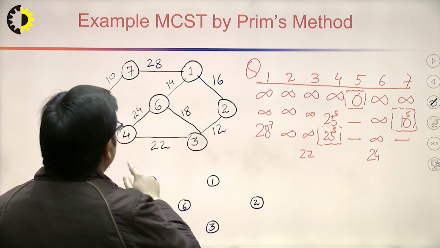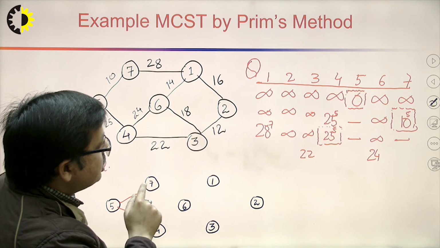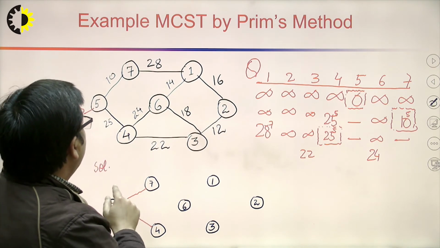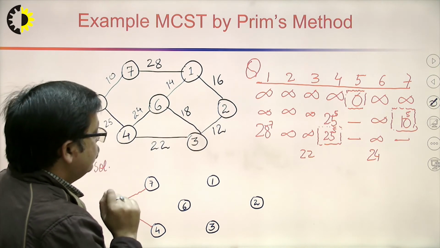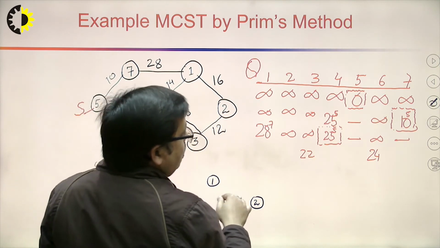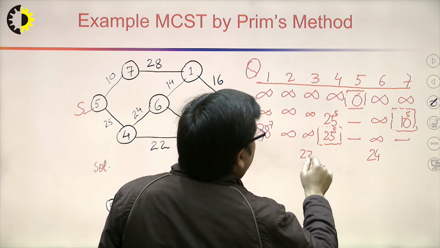So, these two adjacent are the only adjacent of 4 that still remain inside the queue. So, now the parent of these two nodes is 4.